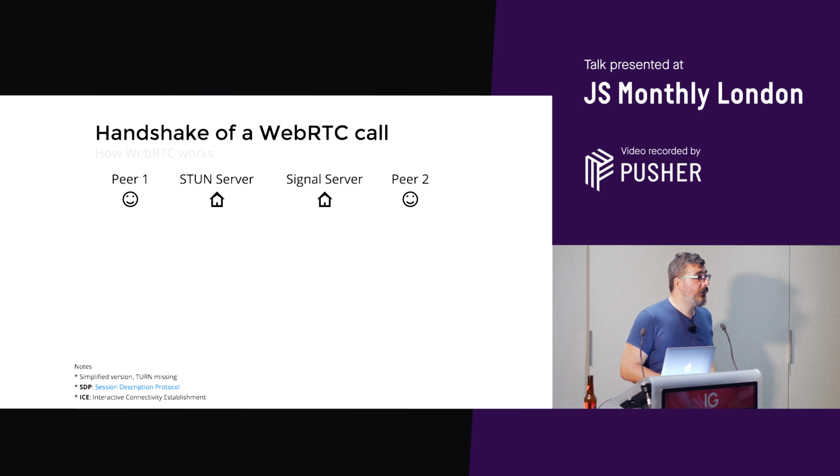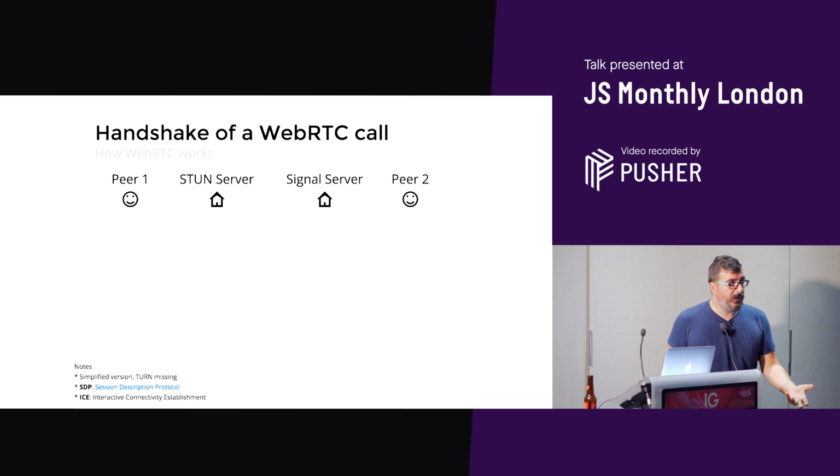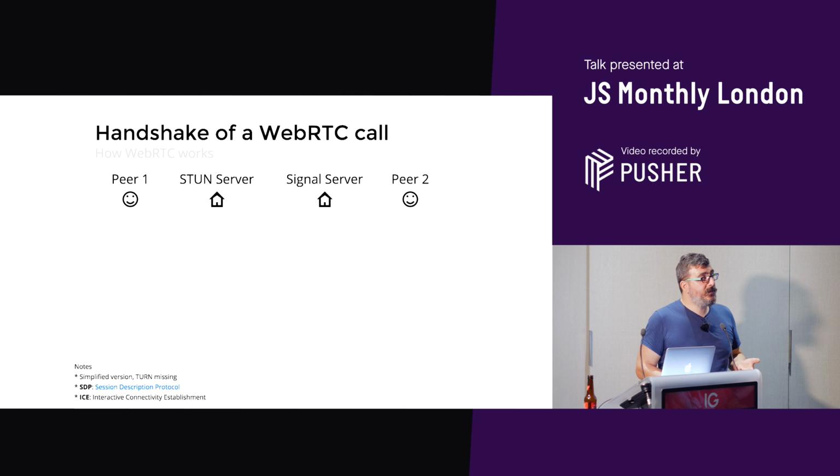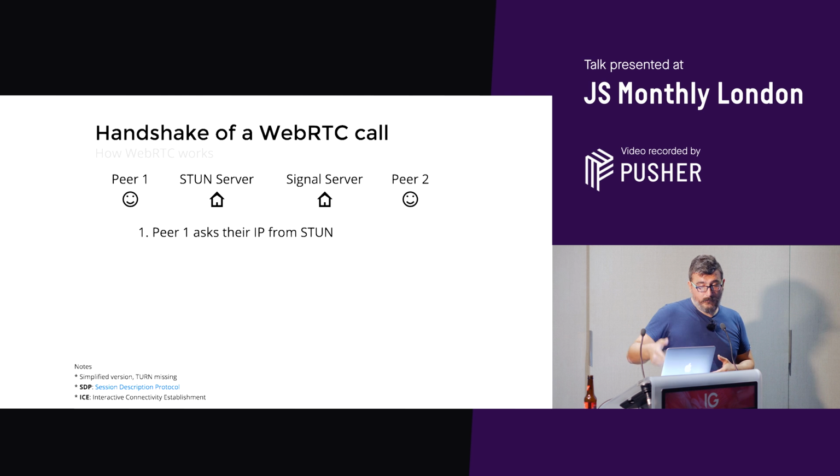The signal server is something that you have to implement, and its purpose is to signal between the two peers. So as we're going to see now in the workflow, I have to communicate my IP and my connectivity status to the other peer.